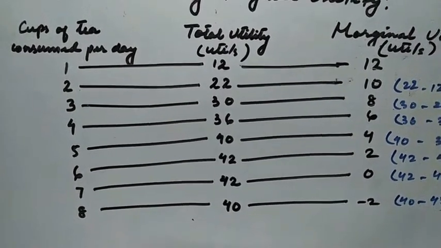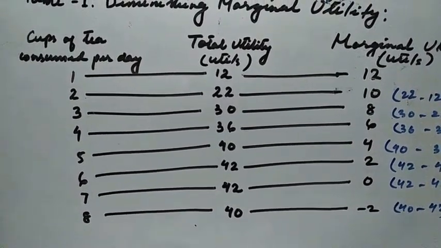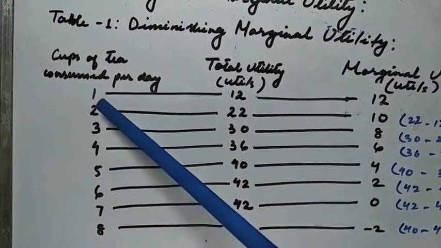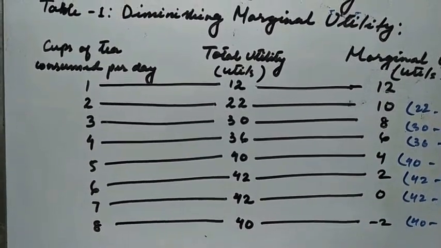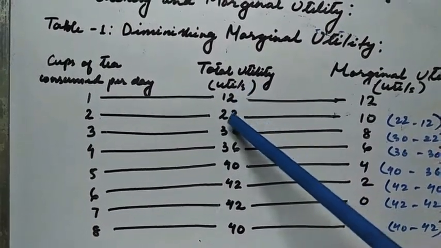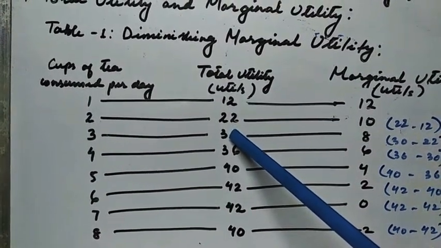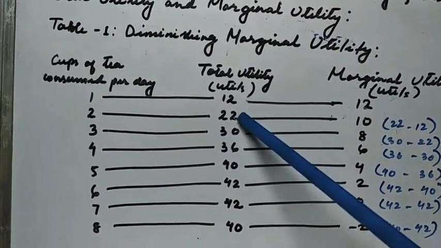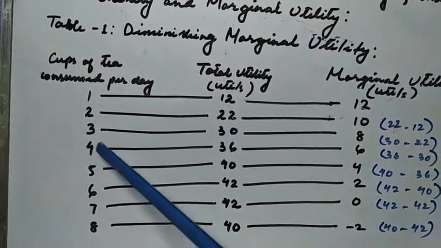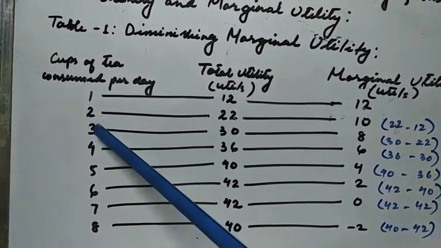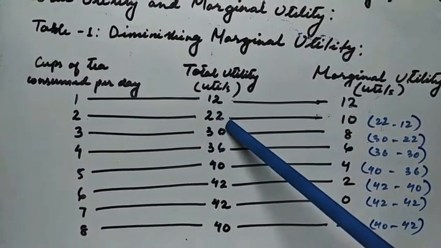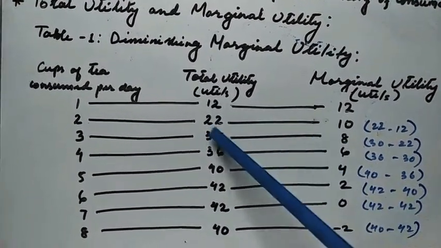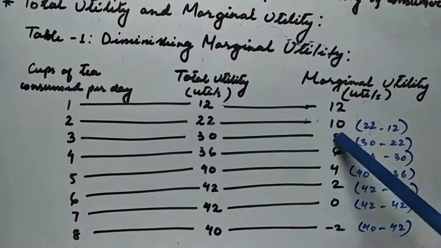And again, if the consumer increases his consumption of tea per day from 2 to 3 cups, his total utility increases from 22 to 30, which means the consumer has increased the total utility by consuming 1 more cup of tea. So here he has made an addition of 8 utils. 30 minus 22 is 8 utils.